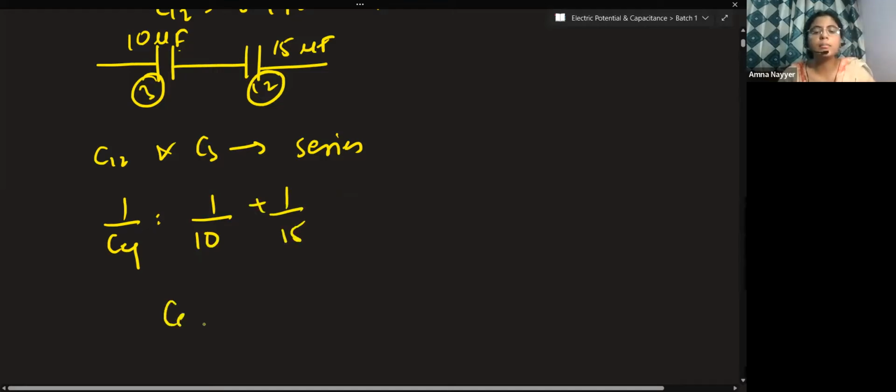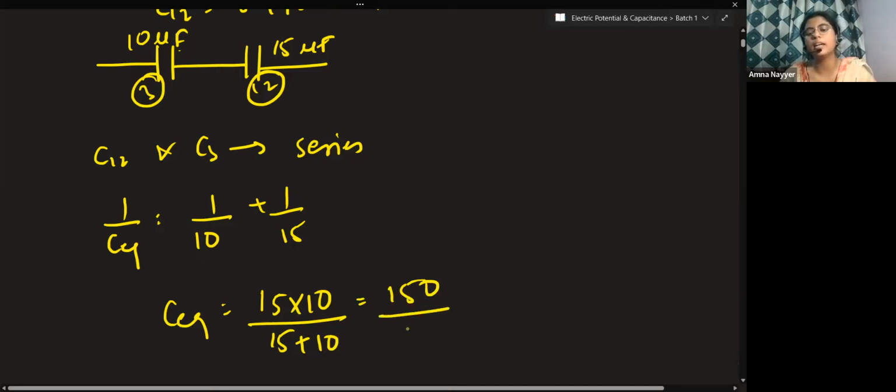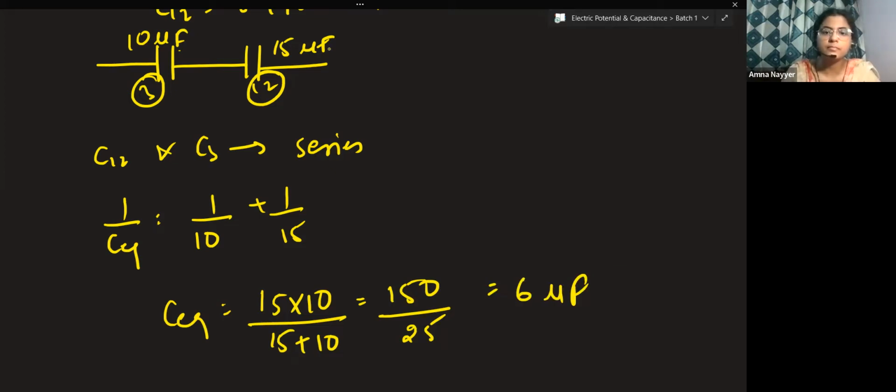So C equivalent will be 15 into 10 divided by 15 plus 10. That becomes 150 divided by 25. Clear? So that becomes 6 microfarad. This will be the final answer. Yes, 6 is the answer.